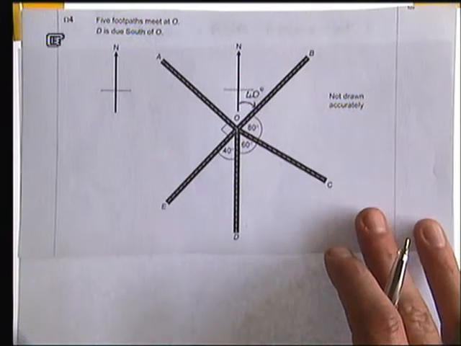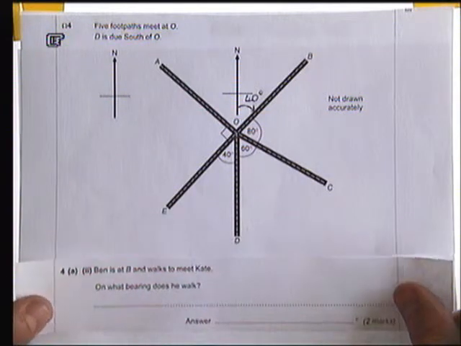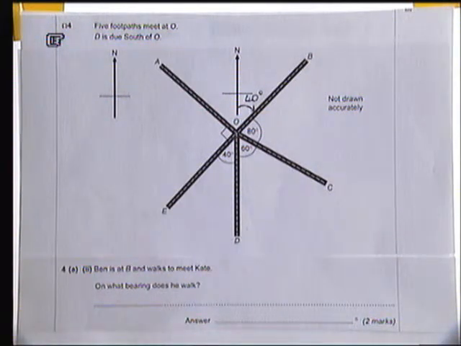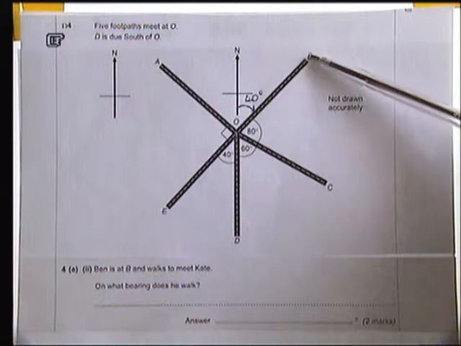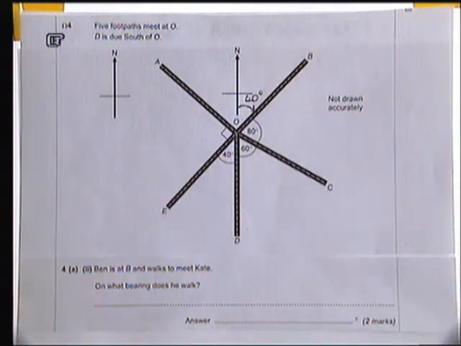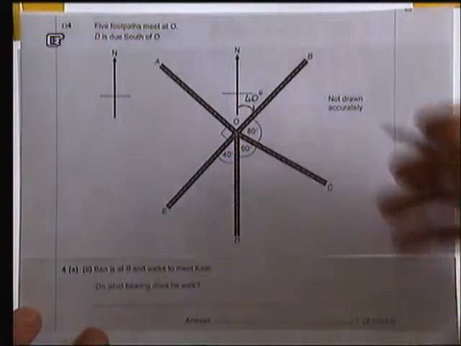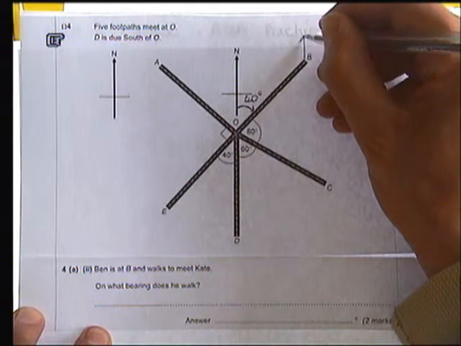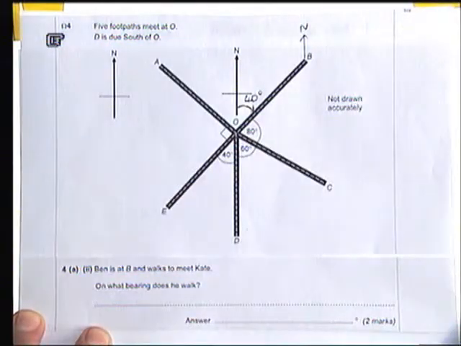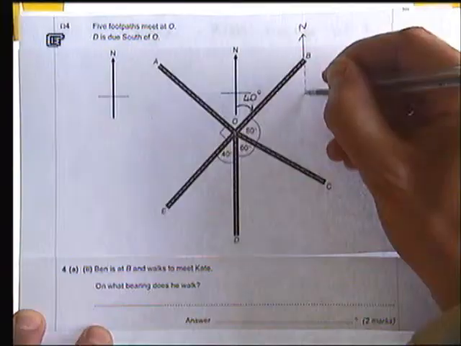So the next part of this question says Ben is at B and walks to meet Kate. So Ben is walking from here back towards Kate in the centre. On what bearing does he walk? Now what you need to do is put yourself a little north of B and continue the line down to south.